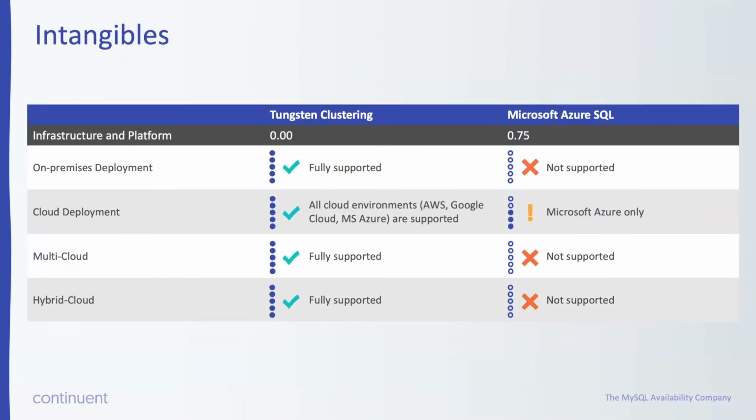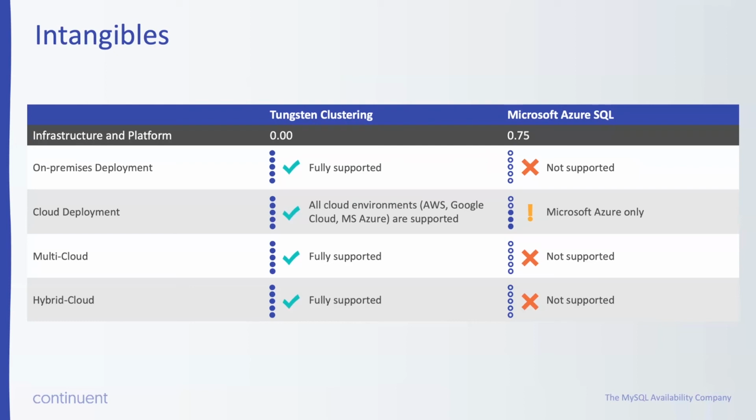And then where are you going to deploy this? Well, obviously, you're going to deploy Microsoft Azure for MySQL in Azure only, right? There's really no facility to deploy it anywhere else. But Tungsten Clustering can be deployed on-prem in any cloud you want. It can do multi-cloud.